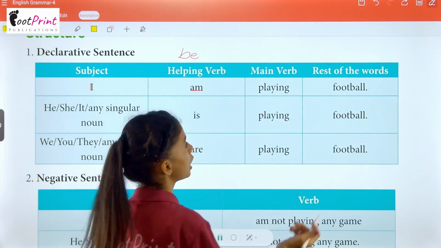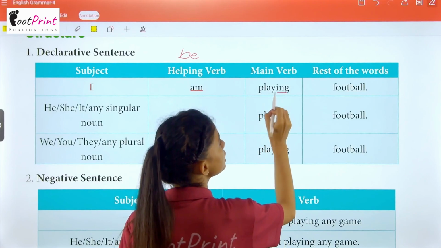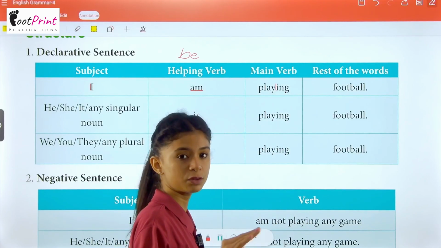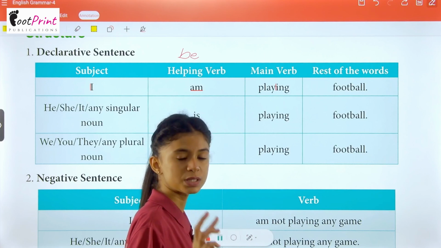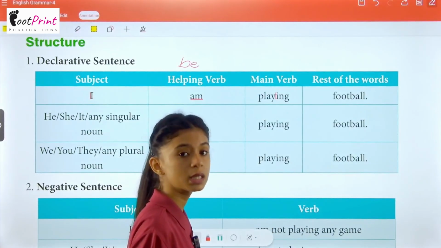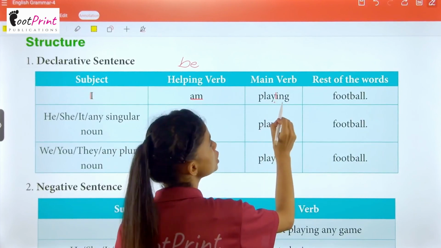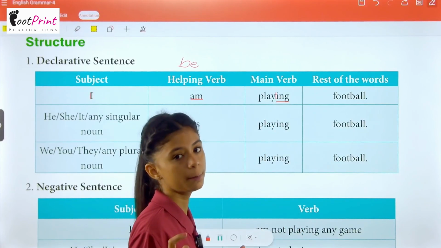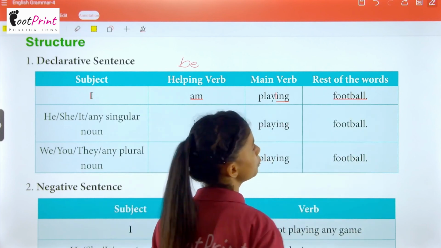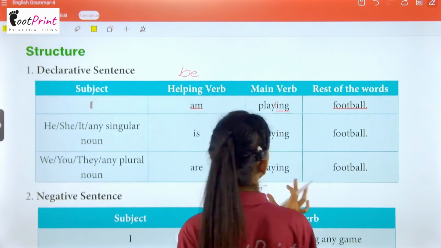After that, we put our main verb with the ing form. In continuous sentences, any of them, let it be past, present, or future, you have to remember that we have to put ing with the main verb. After that, we put the rest of the words.